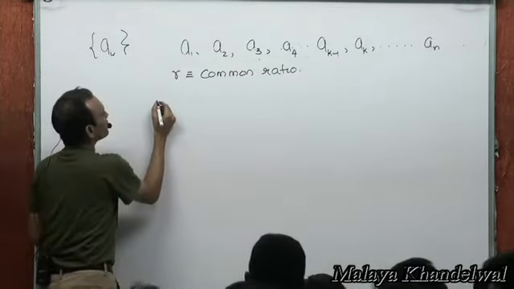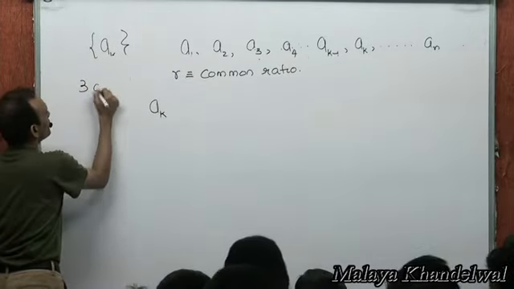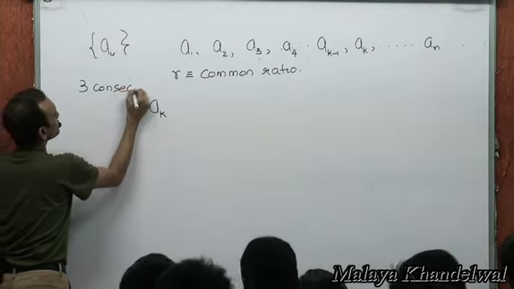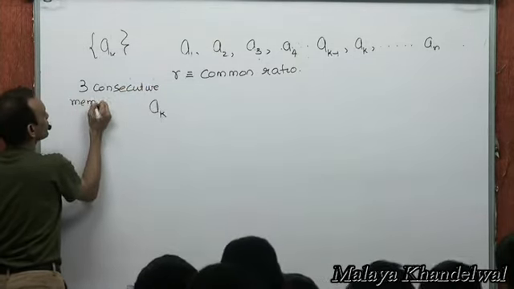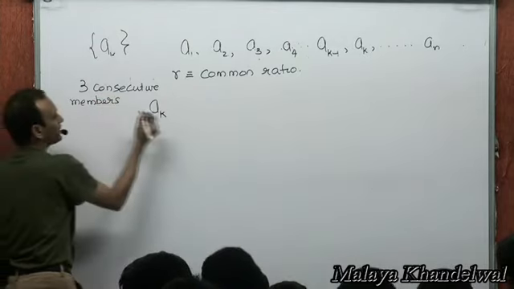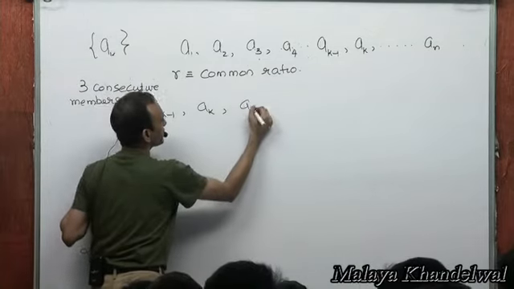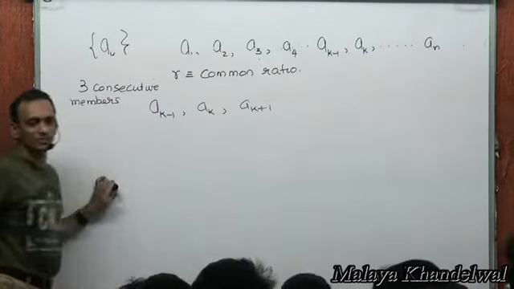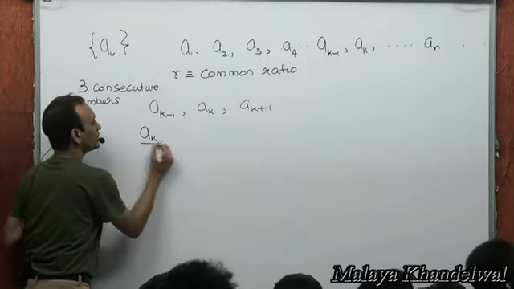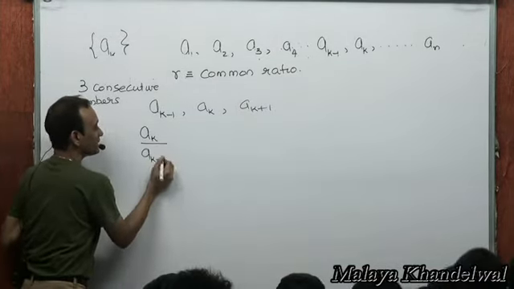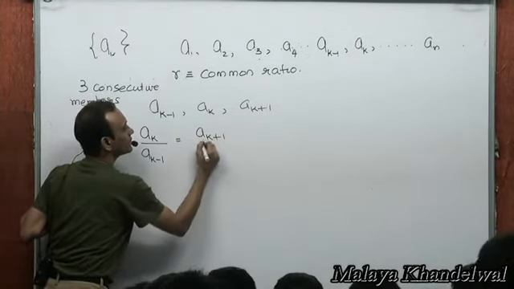See, if I take 3 consecutive members of a GP series, any 3 consecutive members, AK minus 1, AK and AK plus 1. These are 3 consecutive members of the GP series, right? Then I end up getting AK divided by AK minus 1 equals AK plus 1 divided by AK.